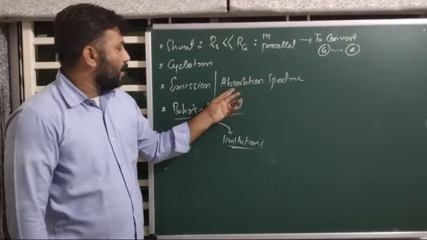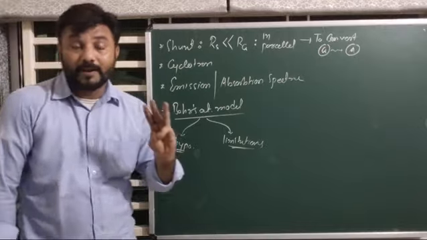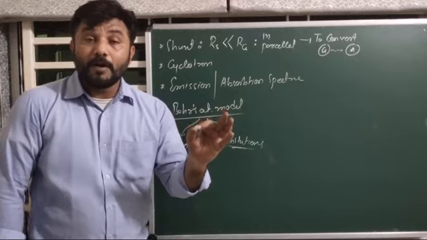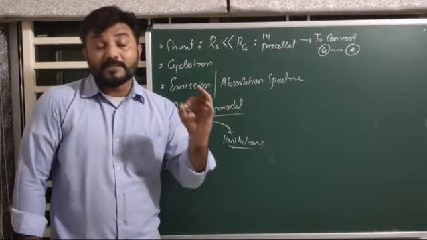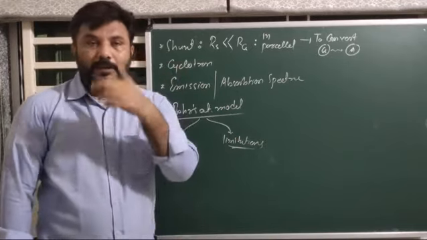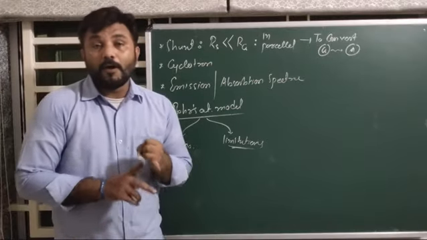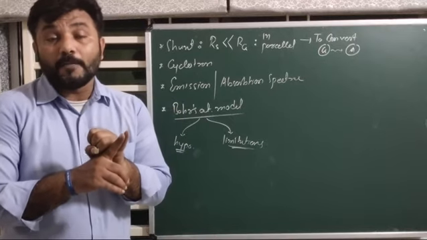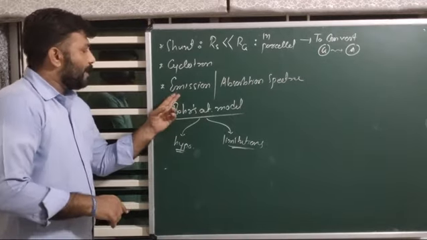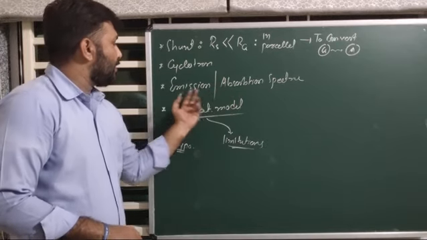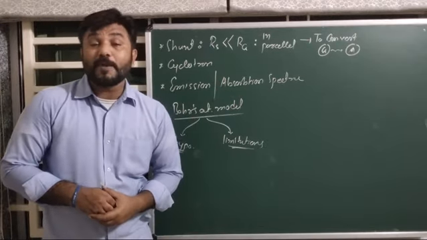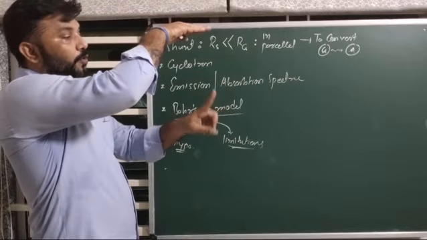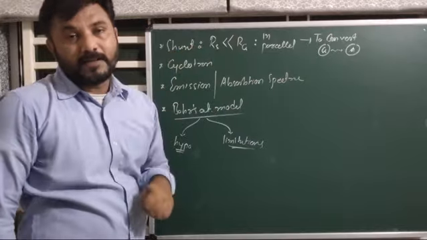What is emission spectra? What is absorption spectra? That comes in hypothesis number 3. The first hypothesis is about stable orbit and stable electron. The second hypothesis is about orbital angular momentum: L is an integral multiple of h upon 2 pi. Then the third hypothesis gives directly the emission and absorption spectra. When an electron transits from a high energy level to a low energy level, it emits radiation.